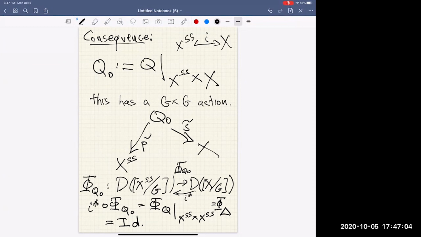No, still there is something wrong. It seems to me you consider phi as a functor from XSS to X mod G, right? Then the composition, no. This is on XSS. Sorry, everything is fine.